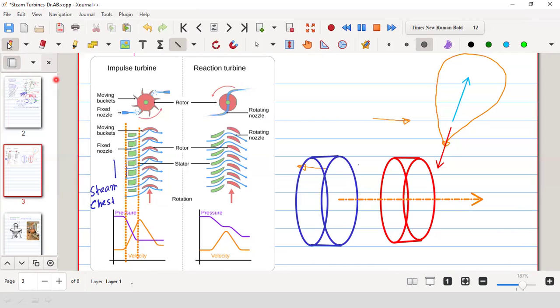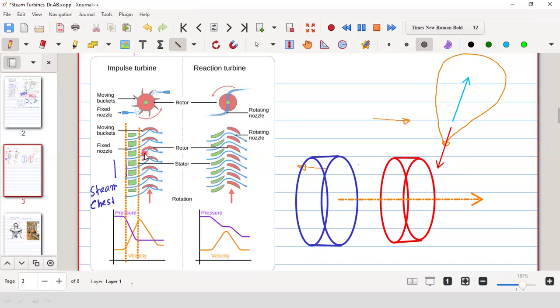For an impulse turbine, this is the characteristic feature that within the blade there will not be any pressure drop. Remember, if there is a pressure drop in the blade, that makes it a reaction turbine.